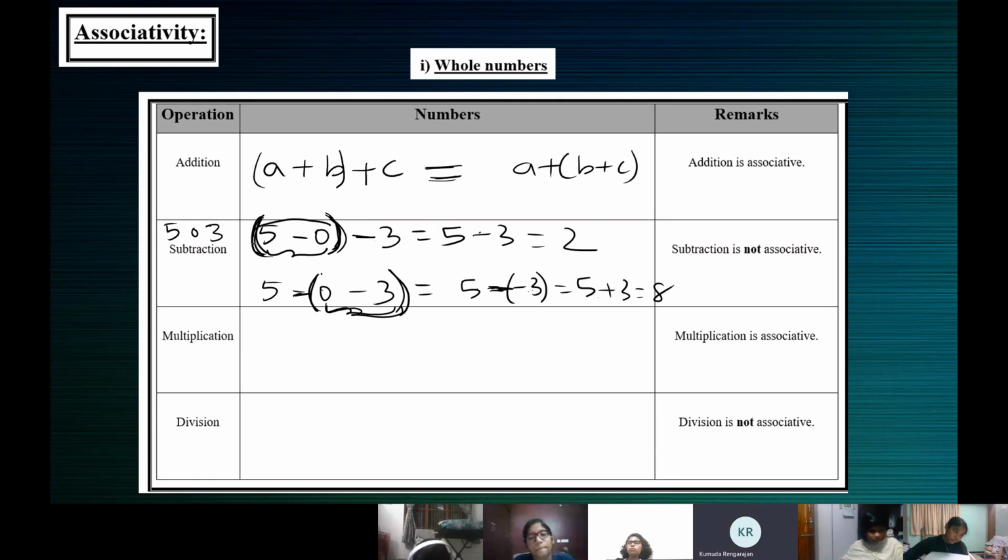This answer is 5, and 5 minus 3 is 2. Here 5 minus, I've written as it is. 0 minus 3 is minus 3, and minus into minus is plus. Open the bracket, so 5 plus 3 is 8. So here I get 2, here 8, not the same answer. So whole numbers are not associative under subtraction.